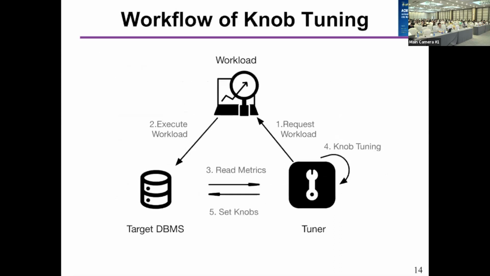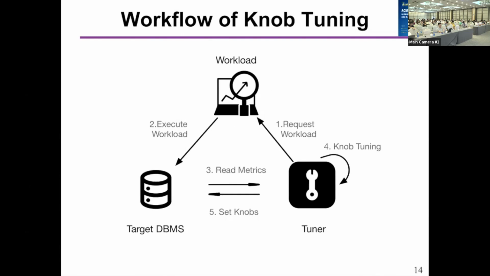Next, I will introduce the workflow of knob tuning. First, for example, a user finds that the database is slow, so can we tune the knobs to make the database faster? The first step is that the automatic knob tuning system will collect recent workloads, for example, from hours or weeks, and run the workloads on the database system.